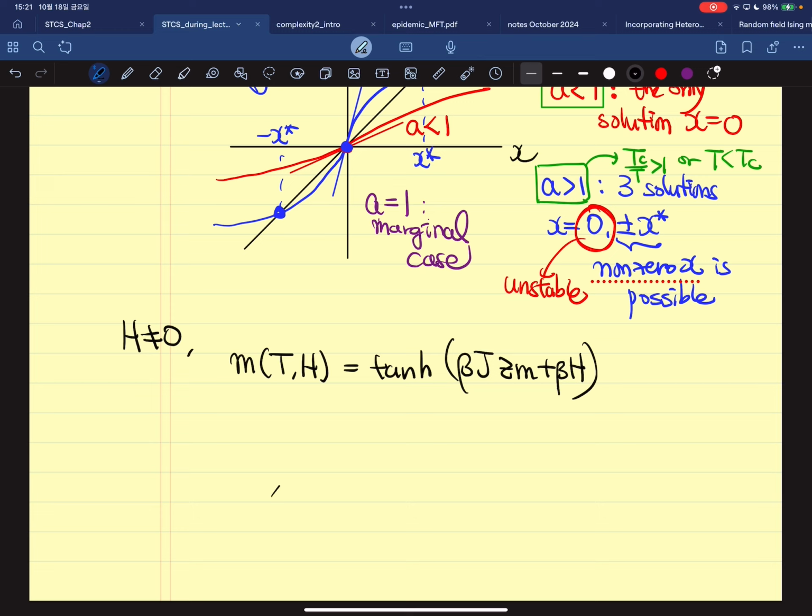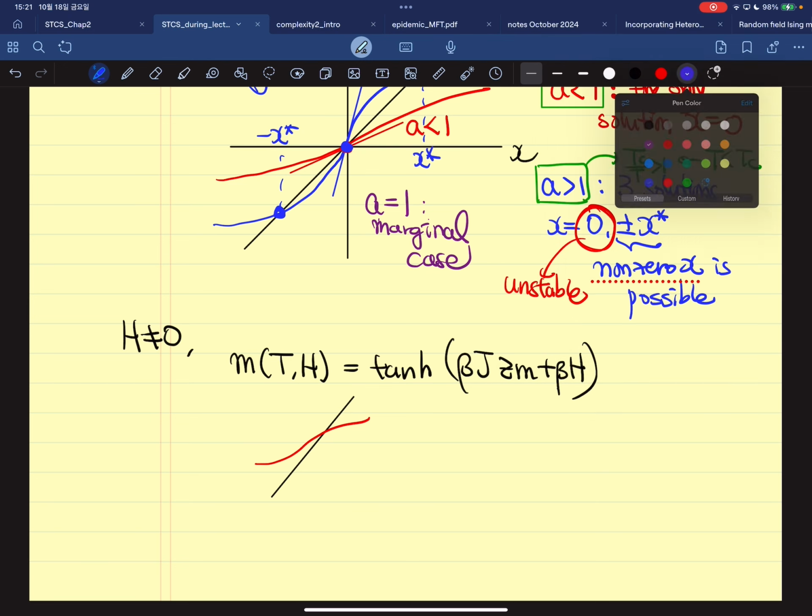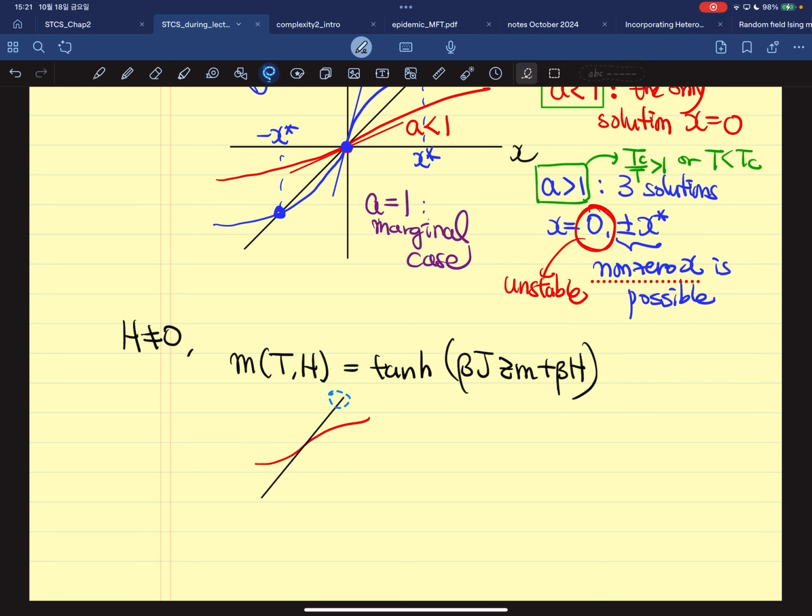So instead of this one, because of this shifting, we will have this one, or this one.